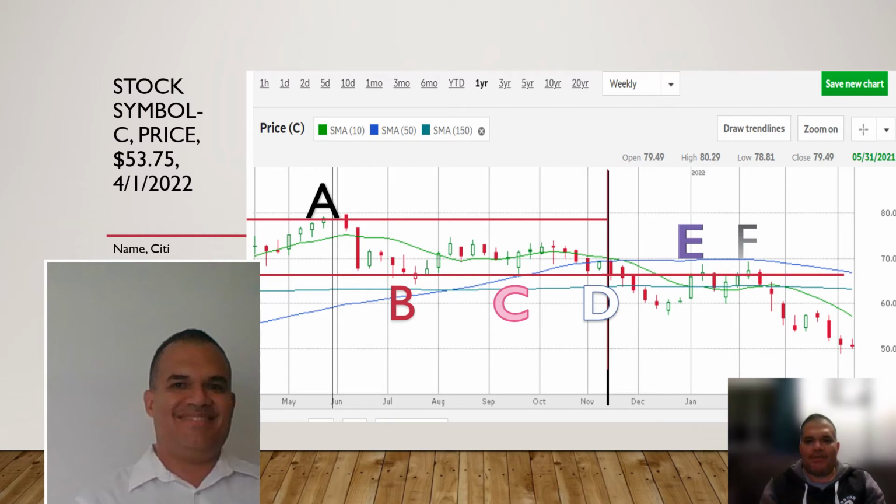Looks like at points E and F, people continued to feel the pressure that they wanted to sell. In other words, they felt that during these economic times, let's not rush into this potential risk of having not enough money on hand in cash. And that's why we're looking at that channel.